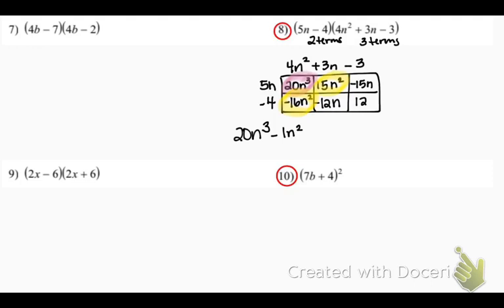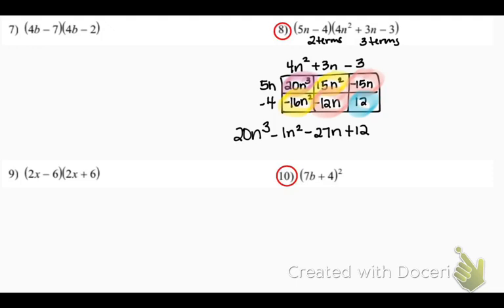If I keep going, negative 15n and negative 12n. So that's two negatives, so I'm just going to get a larger negative. So negative 15 and negative 12 is negative 27n. And then finally, I have a 12 for my constant term. It has no like terms, so I'm going to write a plus 12. So that's going to be this final answer.